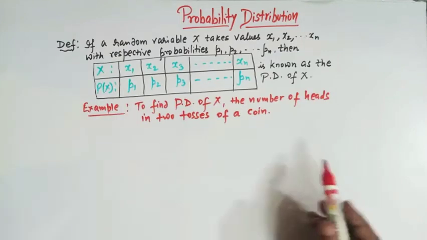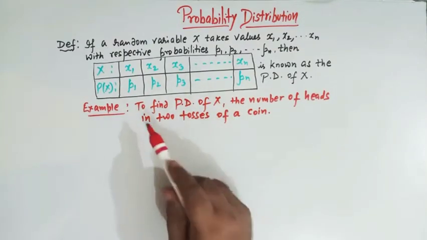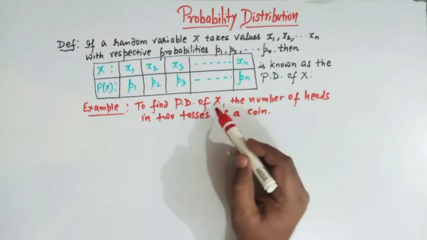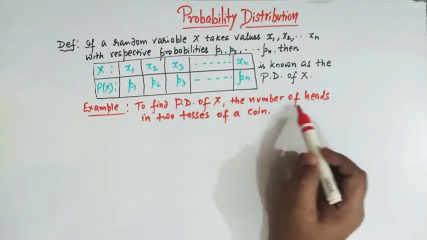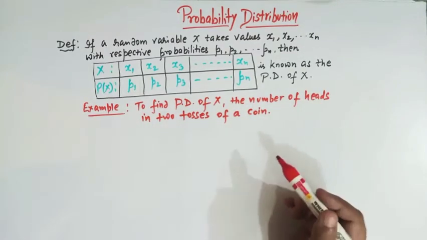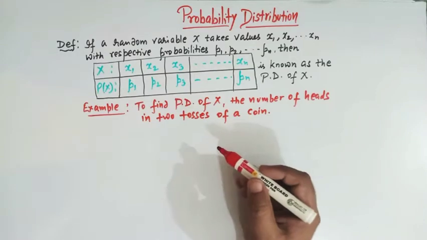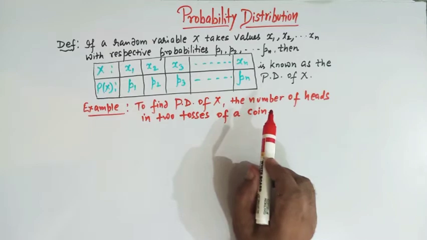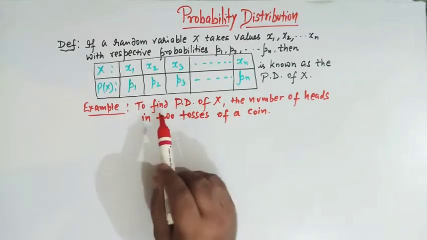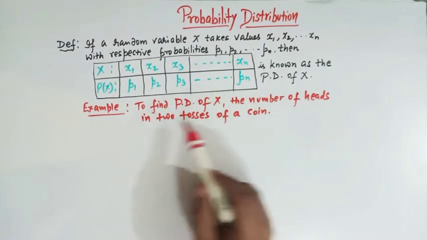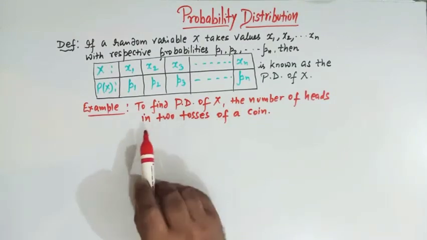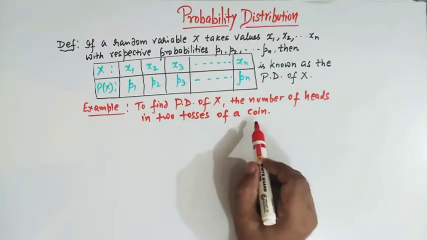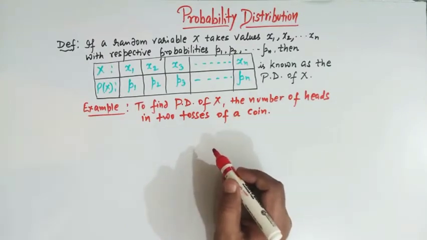Now let us take the example of finding the probability distribution of the random variable x, which denotes the number of heads in two tosses of a coin, or in other words a simultaneous toss of 2 coins. So here the experiment is to toss a coin twice, or a simultaneous toss of 2 coins.